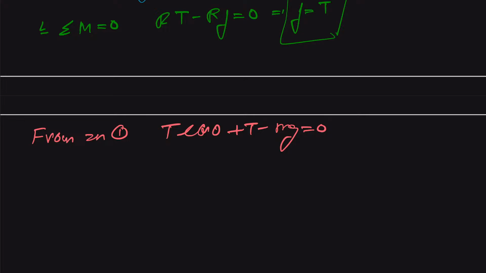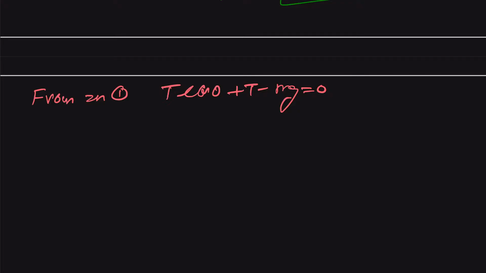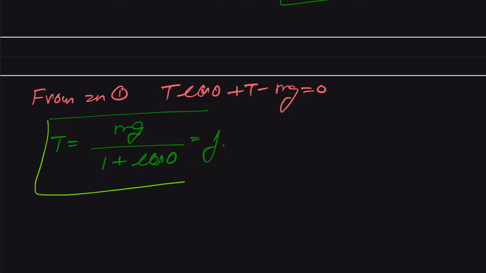Now it is quite simple to solve for the tension T. Tension T will be equal to mg over 1 plus cos theta, which will also be our frictional force because both are equal.